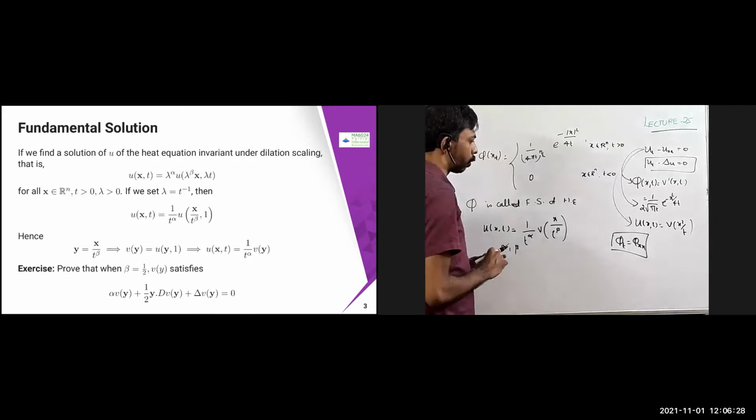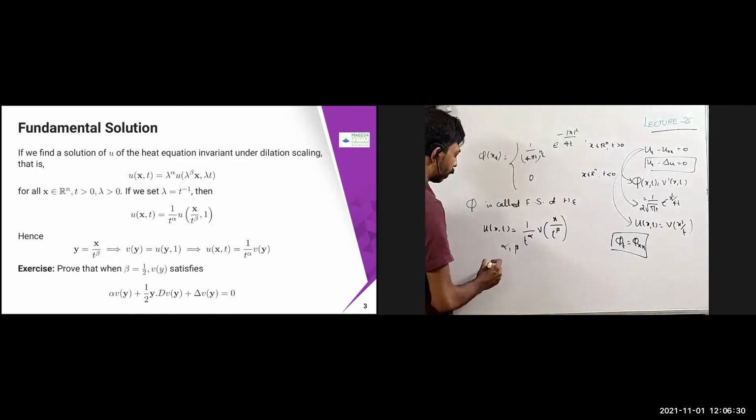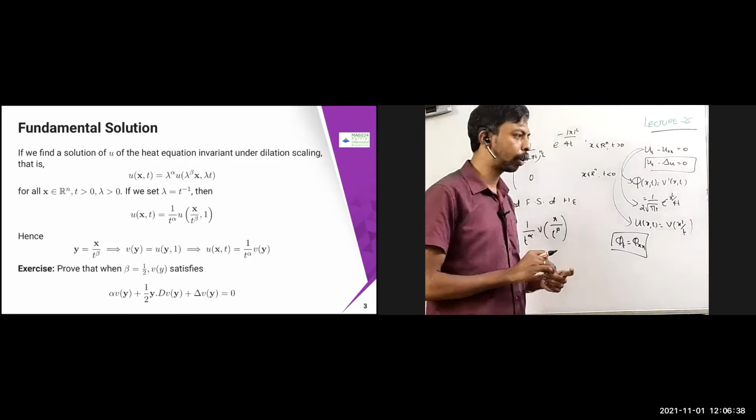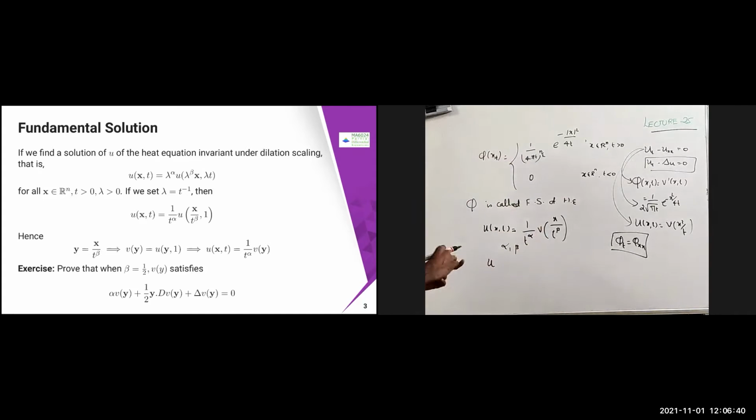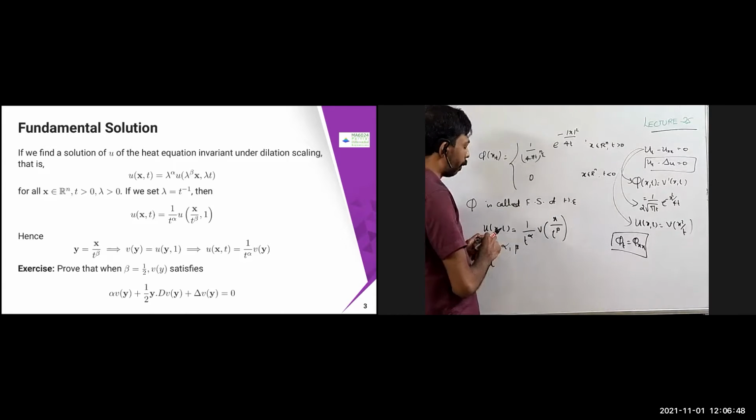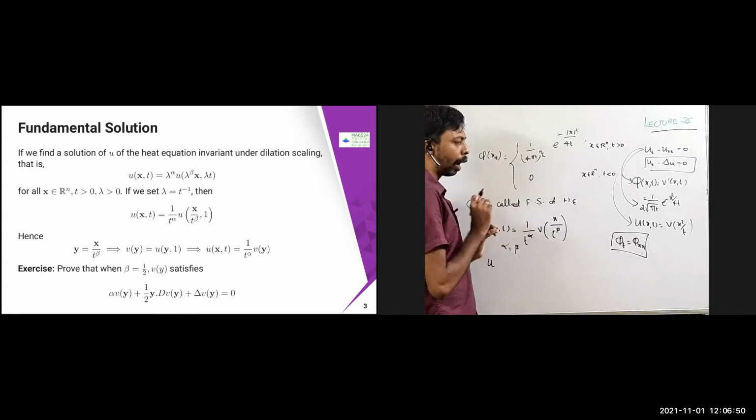Suppose we find a solution u in the n-dimensional case of the heat equation which is invariant under dilation scaling. That means suppose you find a solution u of x comma t, and you multiply by some lambda wherever x and t are there, in the parameters. That is called dilation invariant.